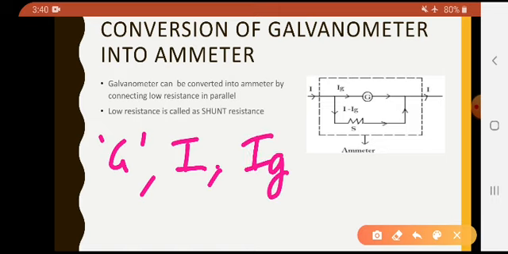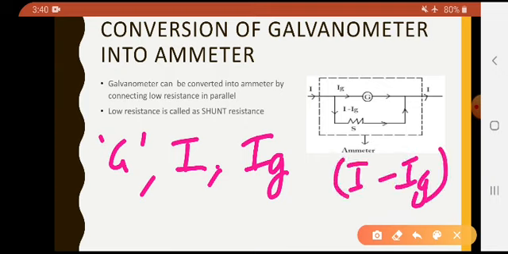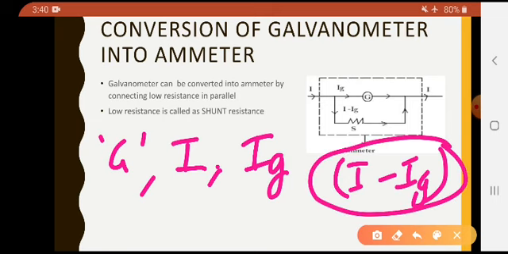So what is the current passing through the shunt? It is given as I minus Ig. I minus Ig is the shunt current, Ig is the galvanometer current, and I is the maximum current in the ammeter.